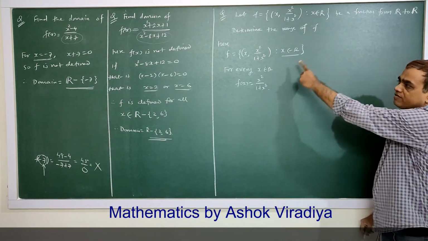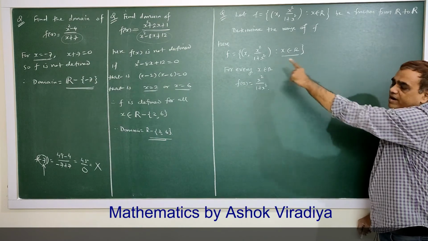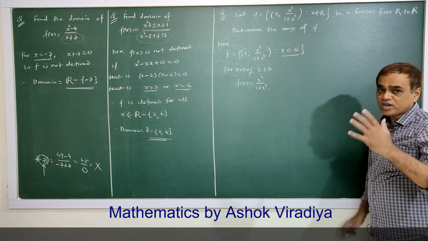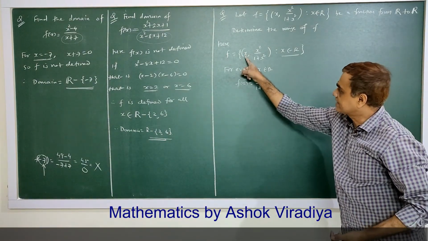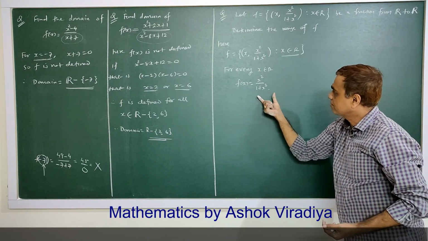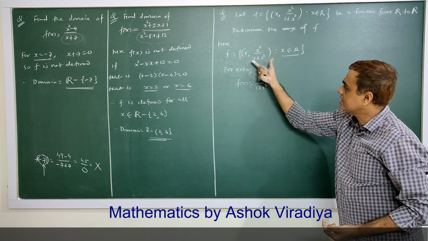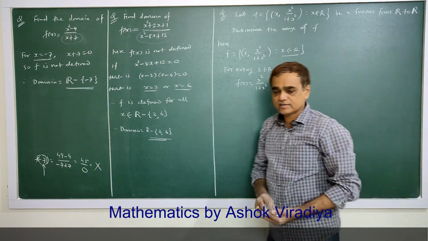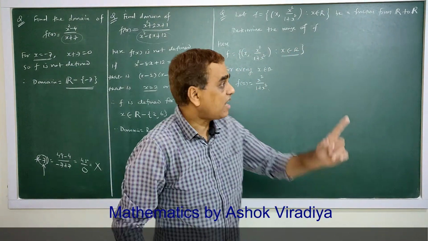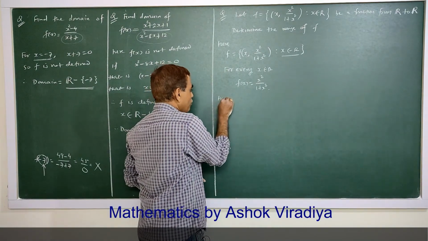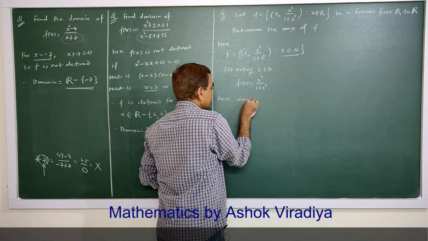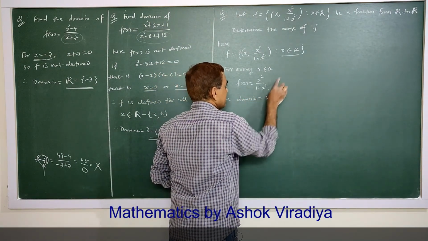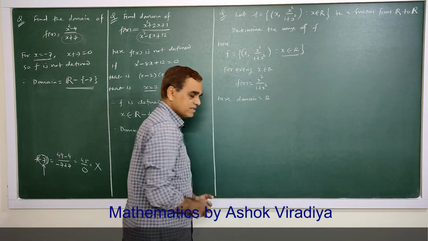This is the meaning of this statement. The formula is f of x is x squared upon 1 plus x squared, and this is allowed for all x belonging to R. So here the domain is R. This is given. Here the given domain is R.